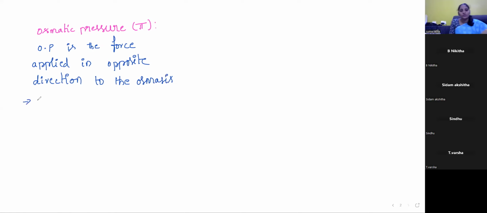Especially we are using this osmotic pressure to stop osmosis. Understand, all of you? Osmotic pressure is nothing but the force applied in the opposite direction to the osmosis. Clear? So if you check the diagram here, you can understand better.